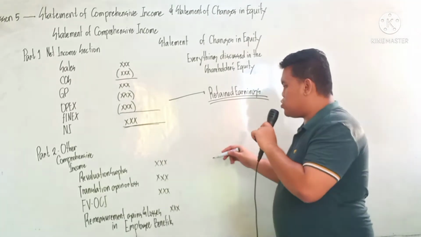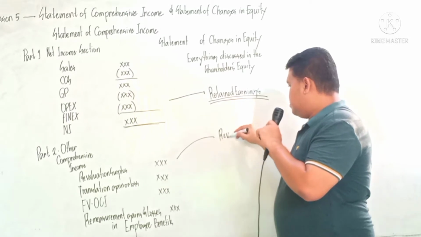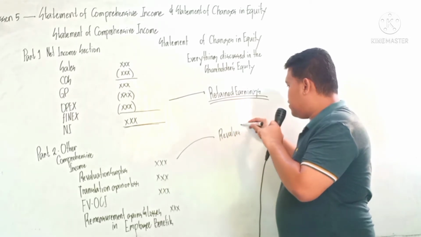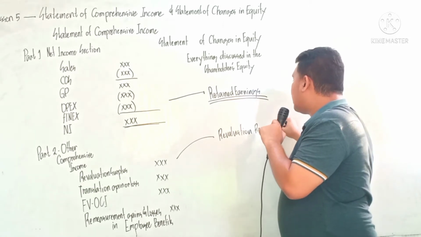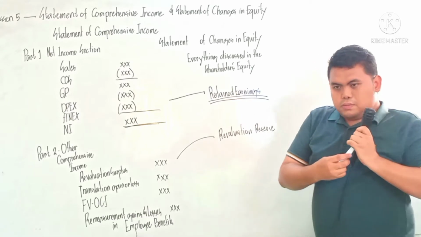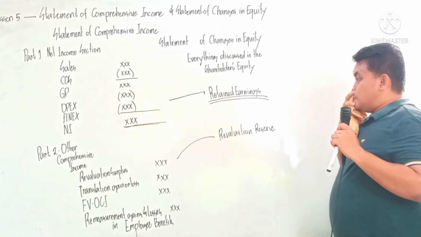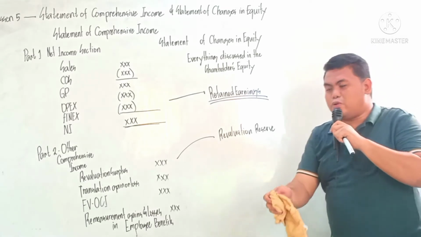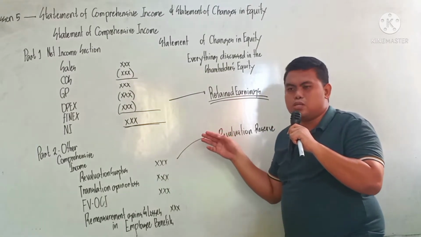Like this revaluation surplus, it will go to revaluation reserve under equity, but not included in the retained earnings. But this revaluation surplus is what do we call this?